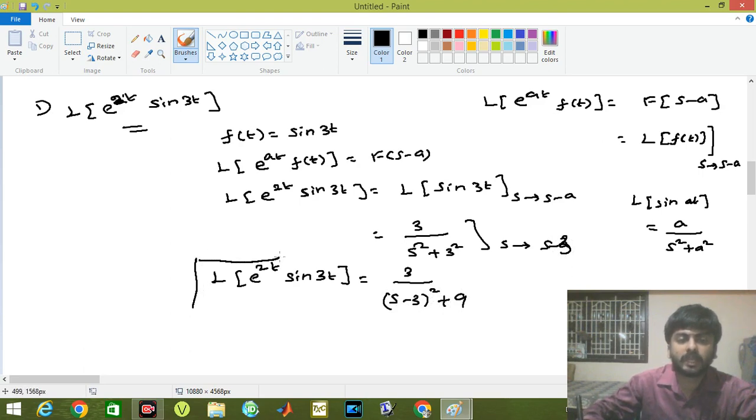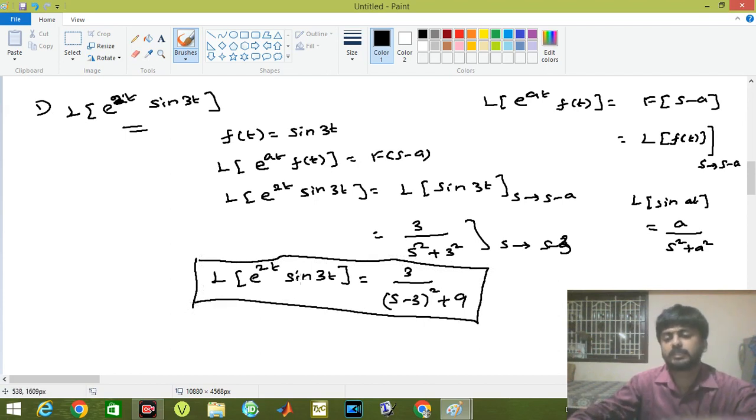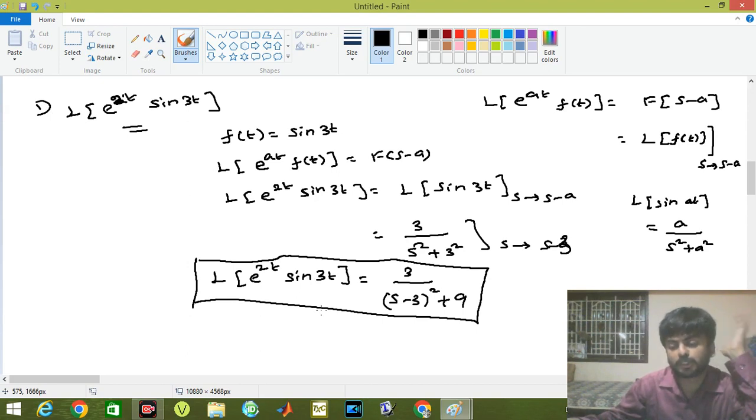We obtain the same result without knowing the formula of integration of e power ax sin bx, without integration, without limit substitution, without taking much time, without putting a lot of effort in getting the solution. So I hope this will help you understand how important the result is and why the result is important.